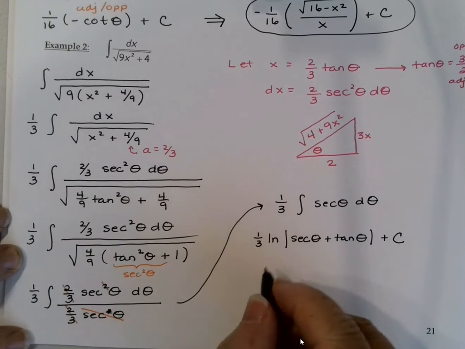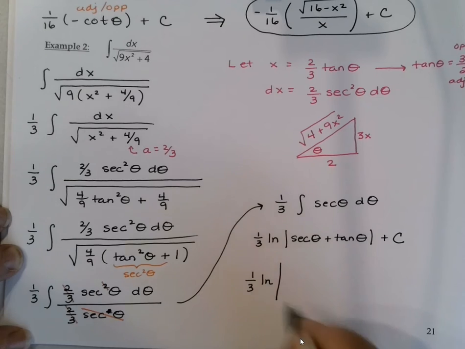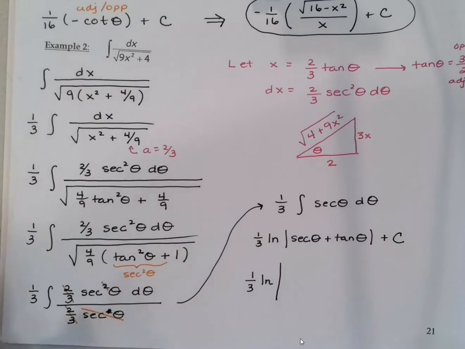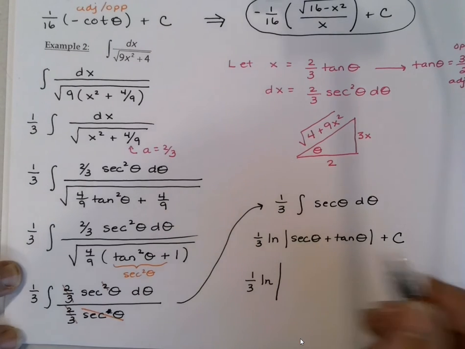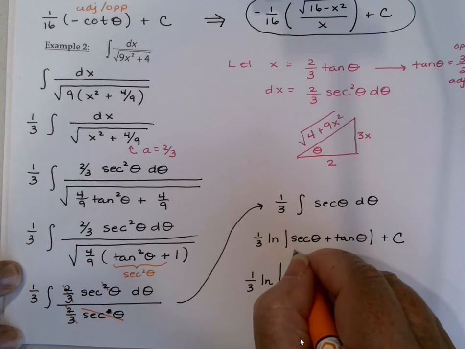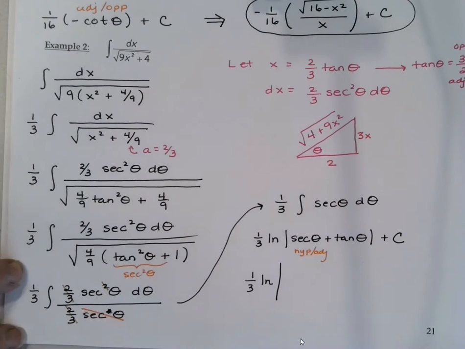So I've got 1/3 times the natural log of secant theta. Let's see, that's the reciprocal of cosine. Cosine is adjacent over hypotenuse, so this would be hypotenuse over adjacent.